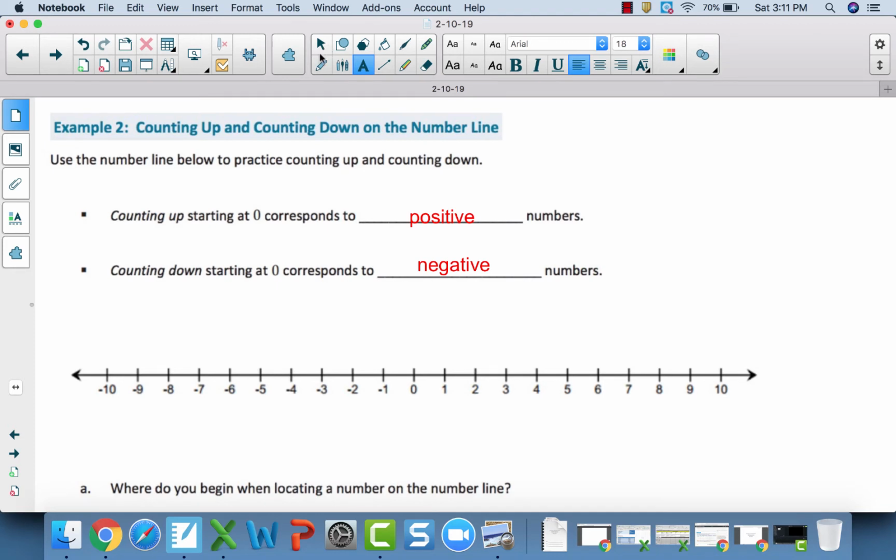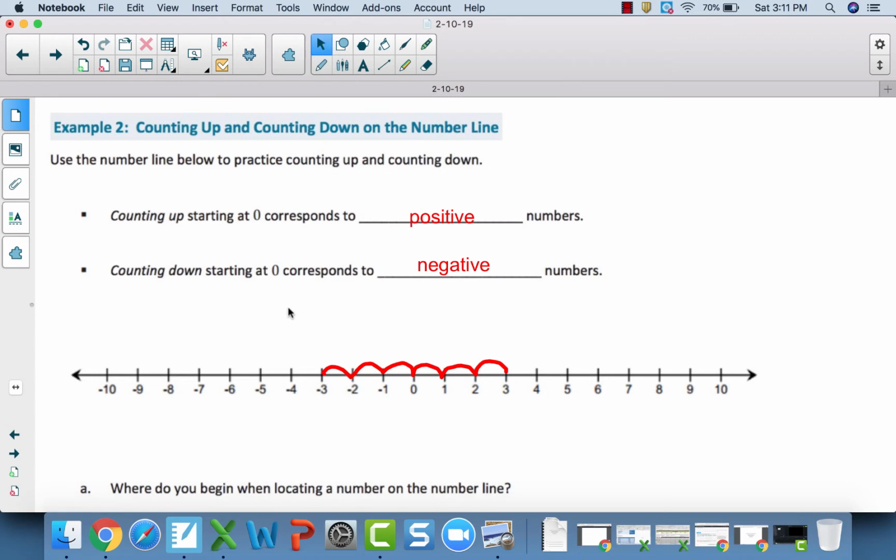If I start here and I want to count up 3, you would go 1, 2, 3. You end up at positive 3. Whereas if I counted down 3, you would end up, 1, 2, 3, down here at negative 3. So counting up would represent a positive, and counting down would represent a negative.